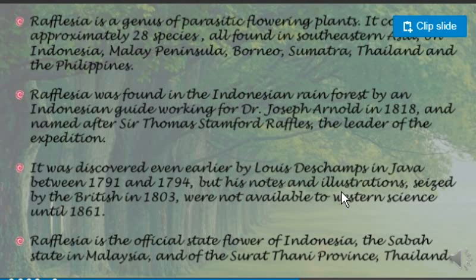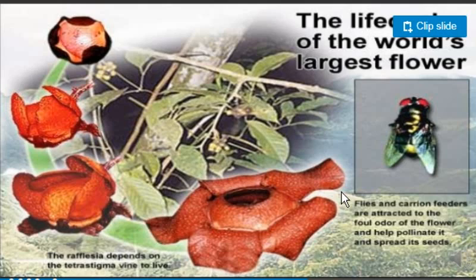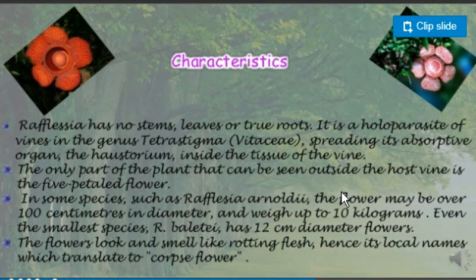It is considered to include approximately 28 species, all found in southeastern Asia, in Indonesia, the Malay Peninsula, Borneo, Sumatra, Thailand, and the Philippines. Characteristics of Rafflesia.